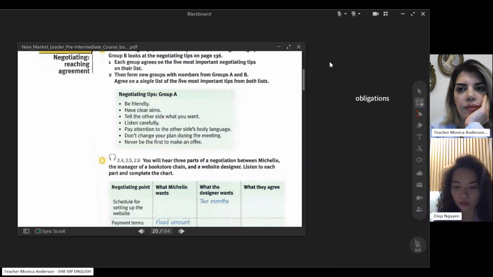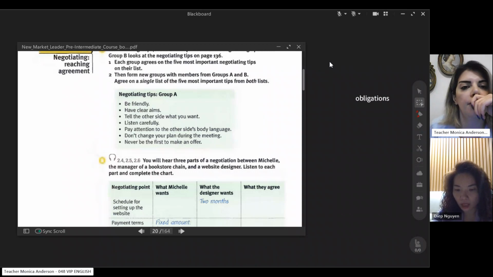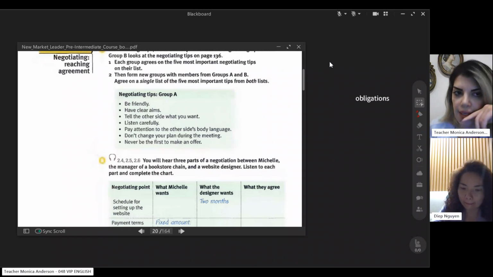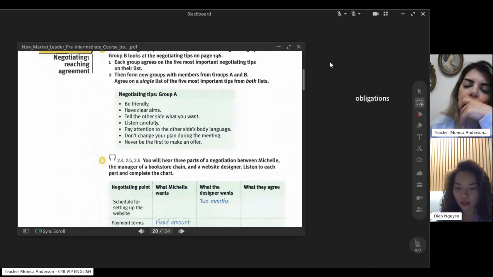We should tell the other side what we want, and we have to listen carefully, and we should pay attention to the other side's body language.